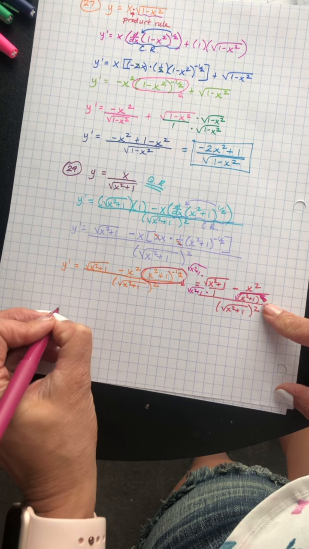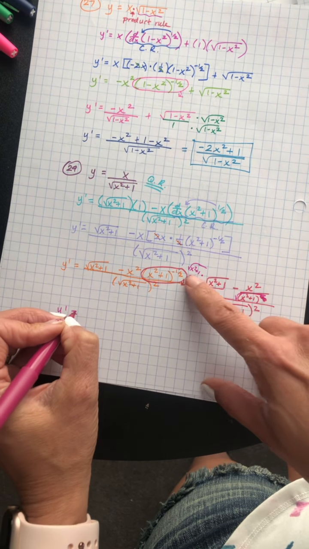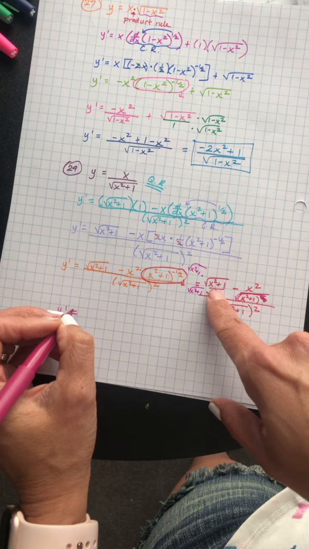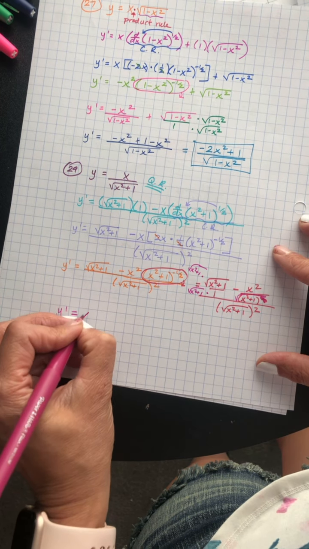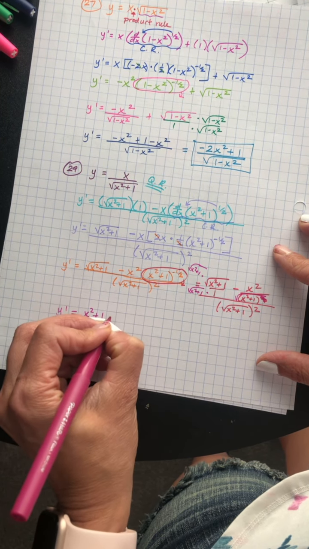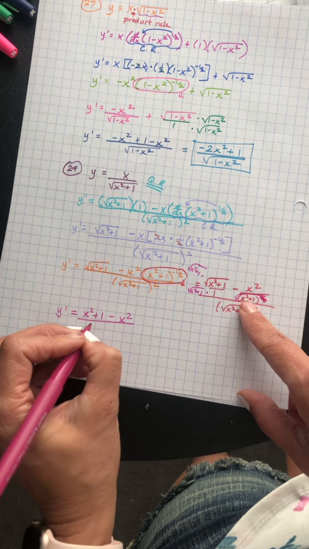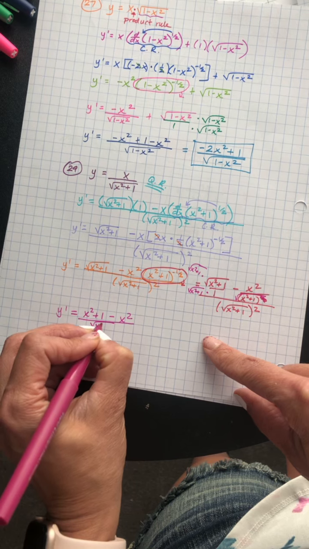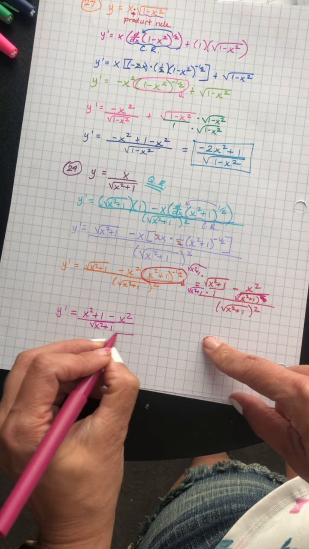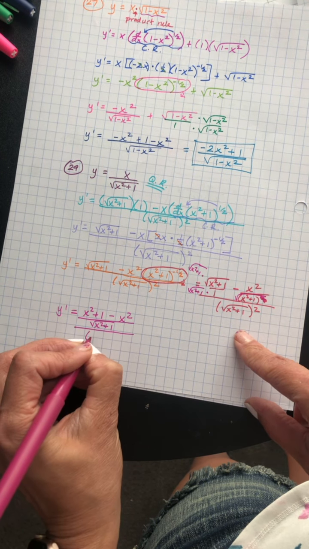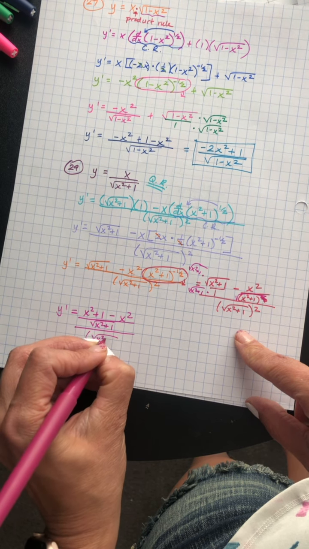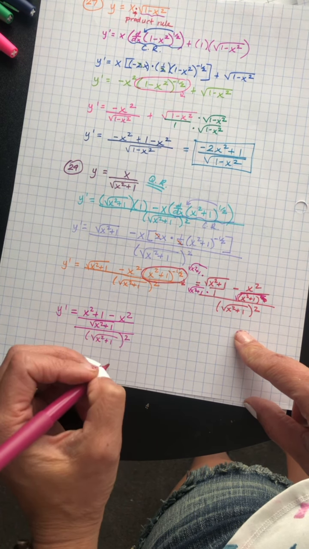Okay, so I get y prime equals square root of x squared plus 1 times itself means poof, the stuff inside gets to come out, minus x squared, all over now the common denominator is the square root of x squared plus 1, all over the quantity of the square root of x squared plus 1 squared.